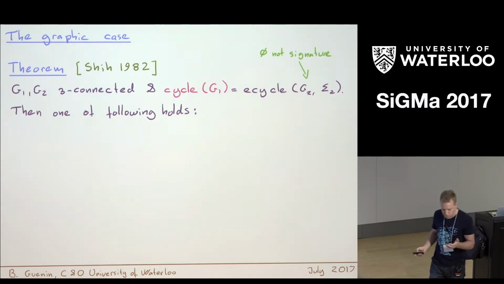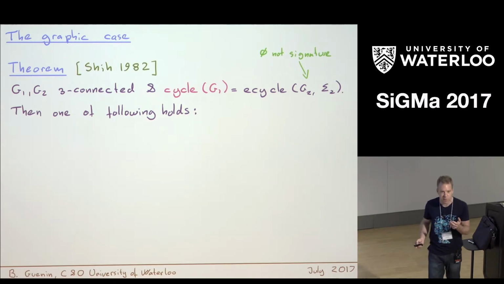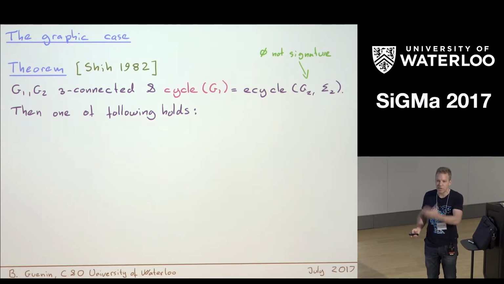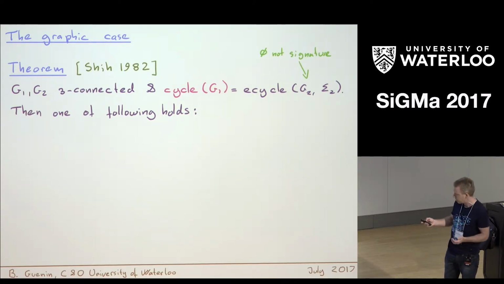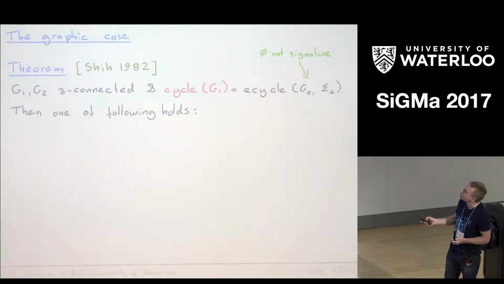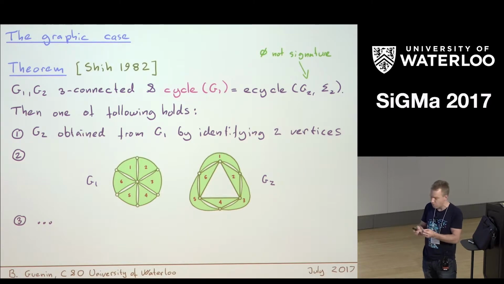And it says, well, suppose I give you a graph and I give you a signed graph, and the cycles of the graph are the even cycles of the signed graph. Then it tells you the relationship between the graph and the signed graph. The details don't really matter, but the point is that it's something very explicit, right? You get one graph by identifying two vertices of the other graph, or you just rearrange things along a separation, and then there's a third construction.